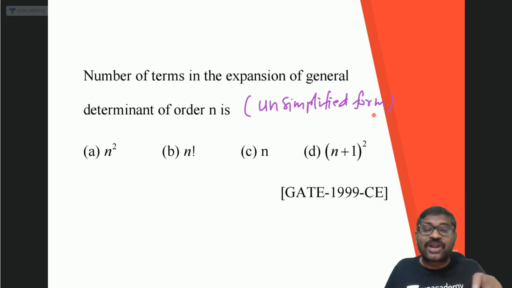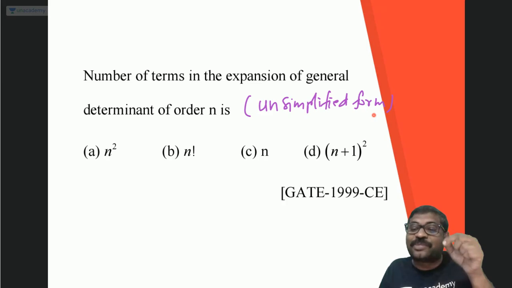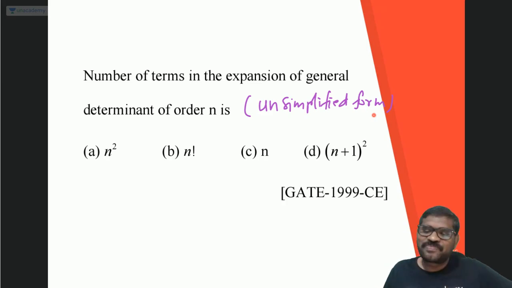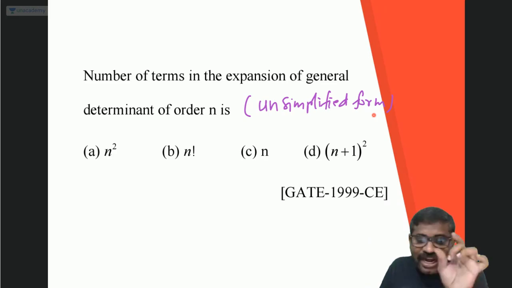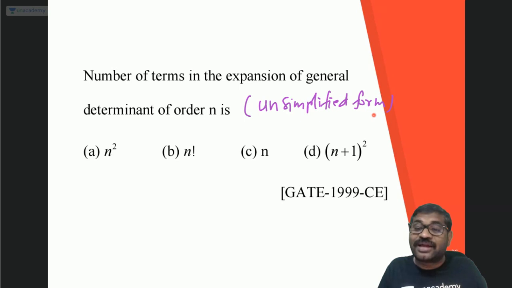The number of terms in the expansion of a general determinant of order n, in unsimplified form. If you take numbers, you can't get the answer. If you take some variables, you can get the answer easily.